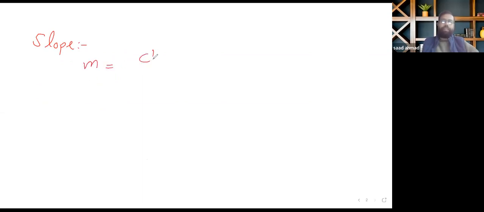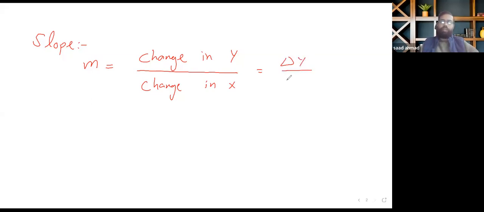It tells us the change in the y variable with respect to the change in the x variable. It's also sometimes represented by delta y over delta x. So we look at how much change happens in y when we make some change in x.